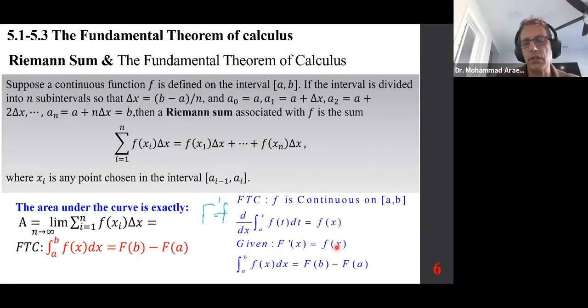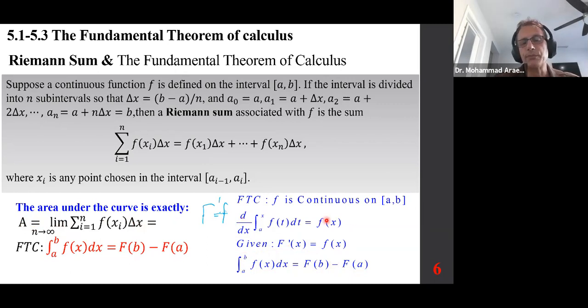If f is a positive function, this is the area under the curve, and it's precisely equal to that, and it's easier to calculate. So you find the antiderivative, any antiderivative, and you evaluate it at the top limit, you evaluate it at the bottom limit, the difference, the answer.